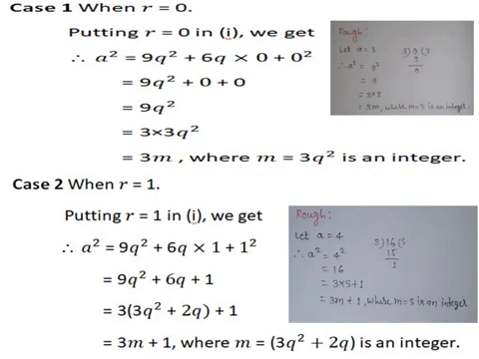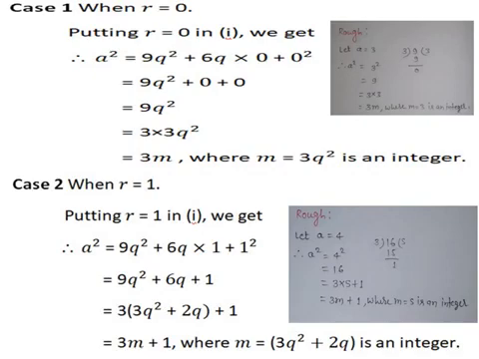Rough: let a is equal to 3, so a square is equal to 3 square equal to 9 equal to 3 into 3 equal to 3 into m, where m equal to 3 is an integer. So the square of any positive integer is of the form 3m.